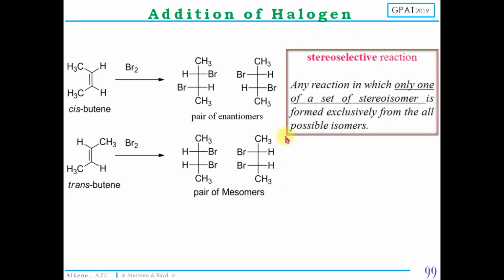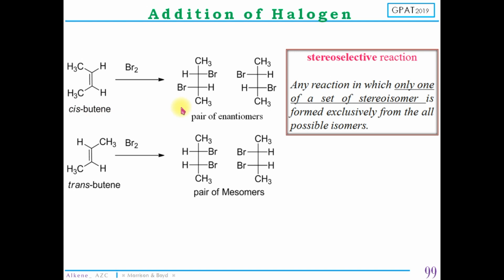A stereoselective reaction is any reaction in which only one set of stereoisomers is formed exclusively from all possible isomers. So if we separately do the addition reaction of halogen with cis alkene, we get only one set of stereoisomers.